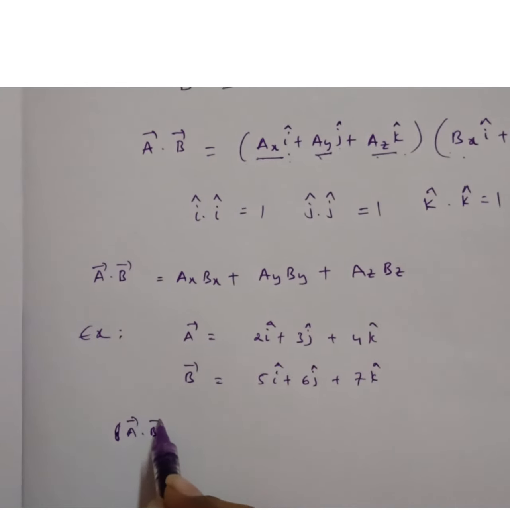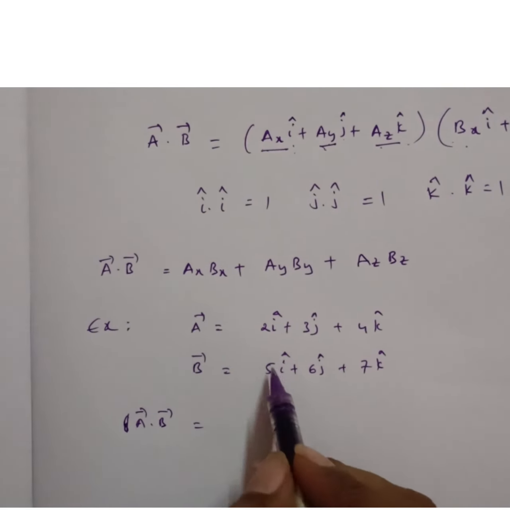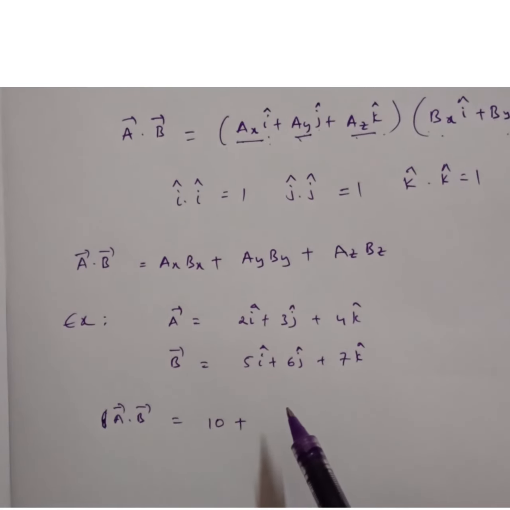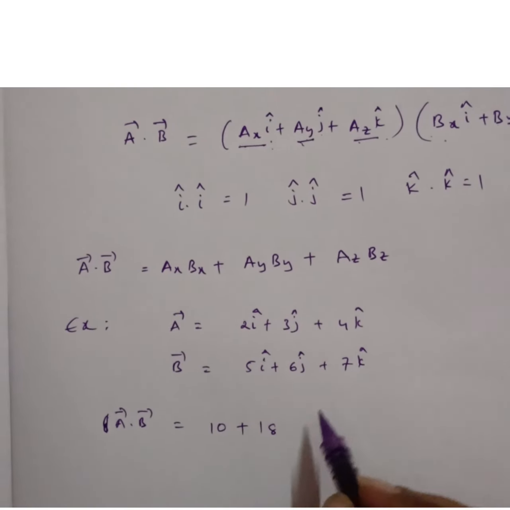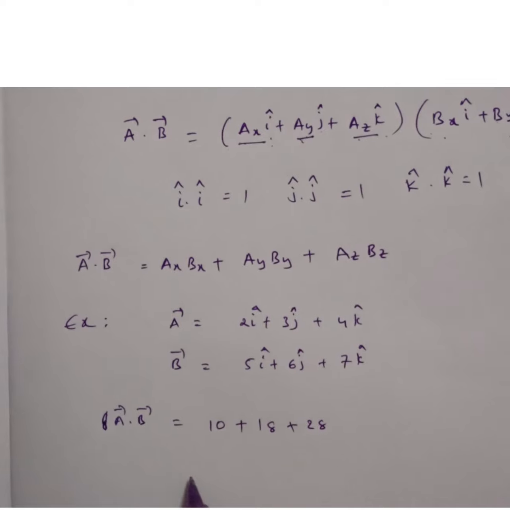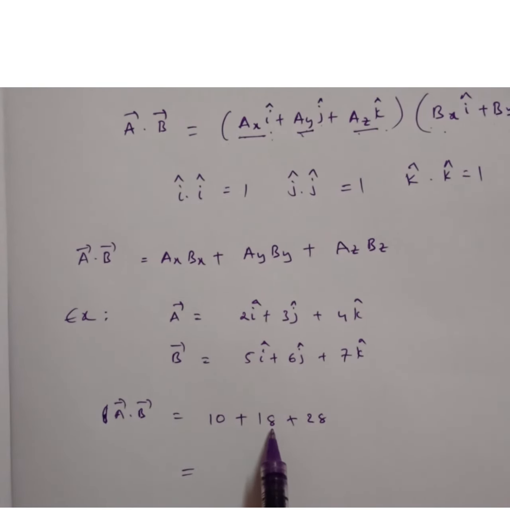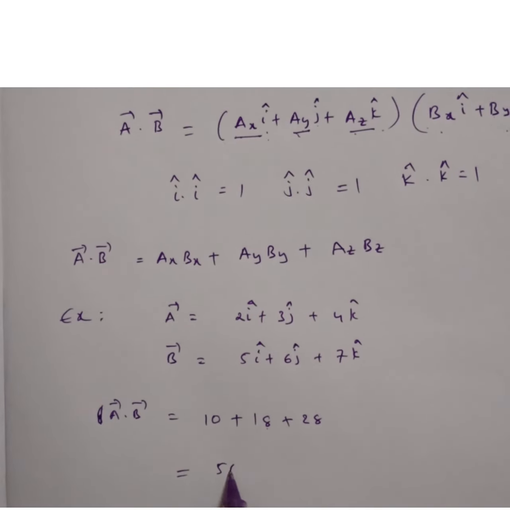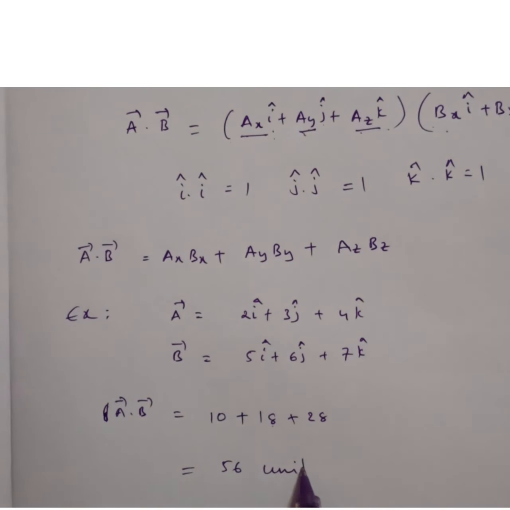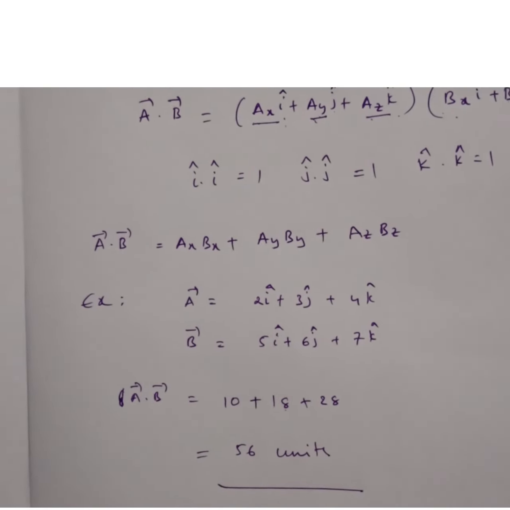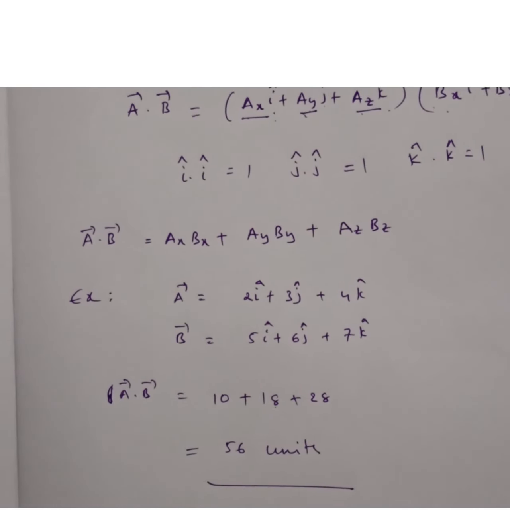A bar dot B bar equals, simply, 2 fives are 10, 3 sixes are 18, 4 sevens are 28. 10 plus 18 is 28, plus 28 is 56 units. 56 is a magnitude, so it is a scalar. That is a scalar product.